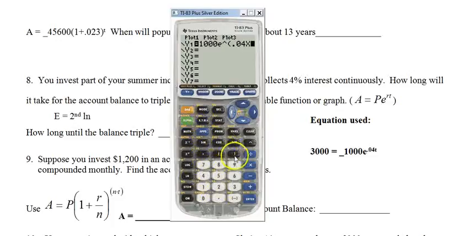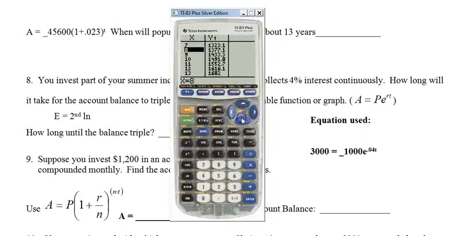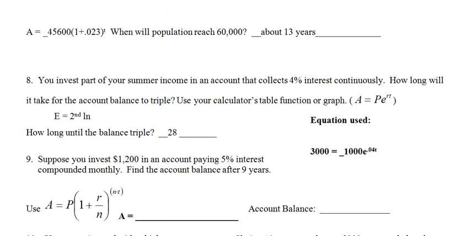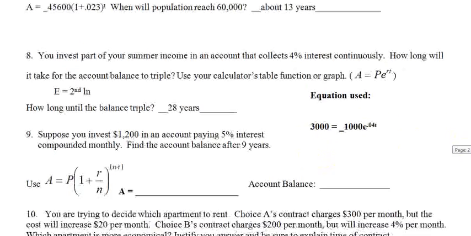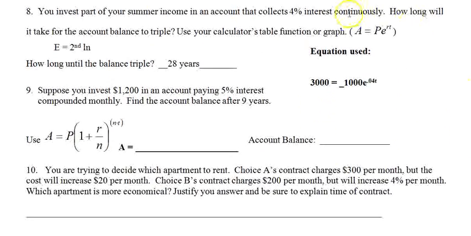Again, I don't have a T key for this, so I'll use X. And then I just do second graph and start looking at my chart until I get to the year that 3,000 gets hit, which would be 28, no, not year, but 28 years. And again, we're just kind of semi-approximating. Once you see that magic number show up in the right-hand column, that's when you get to stop. But again, I'll tell you the equation, so use the equations that are given.